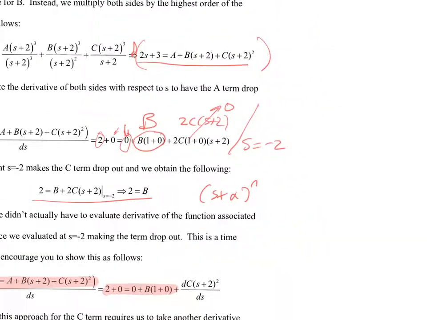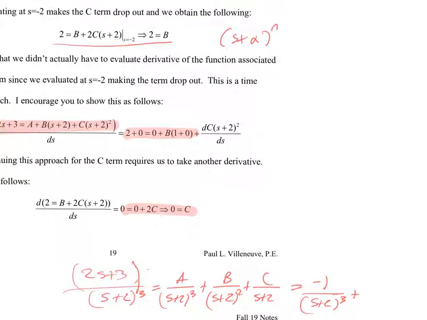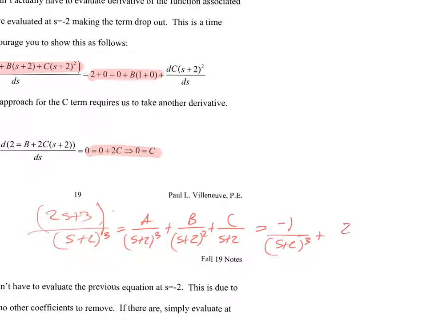A is equal to minus 1. So that's going to be equal to minus 1 over s plus 2 quantity squared plus 2 over s plus 2, that quantity squared, plus 0 over s plus 1.